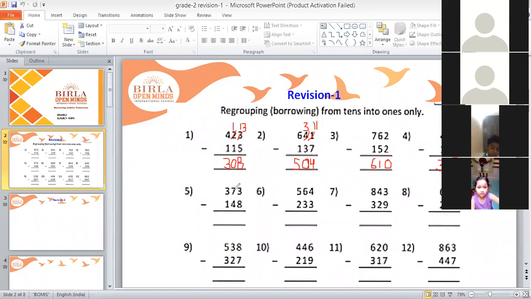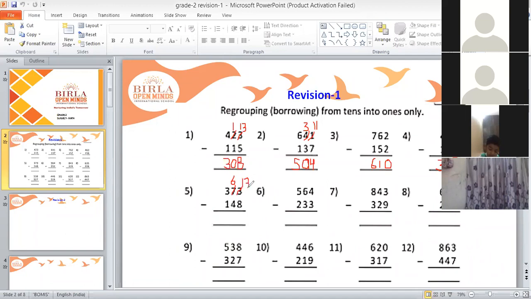From which number we'll take borrow? 7. So we'll cut this 7. So this 7 will become? 6, ma'am. And what will this 3 become in ones place? We will cut 3 and we'll write here 13.